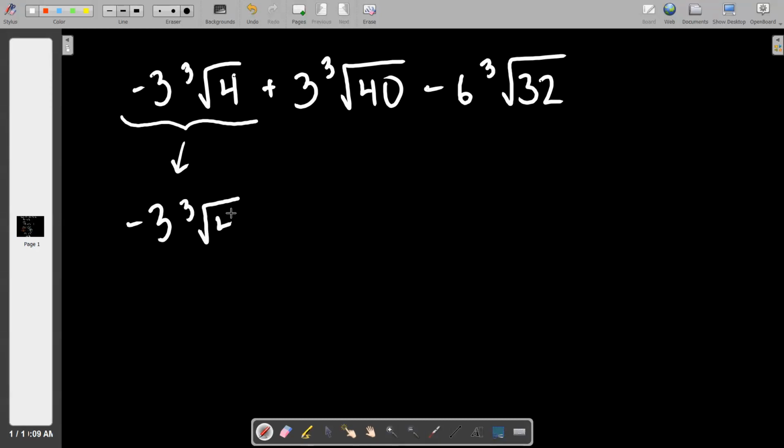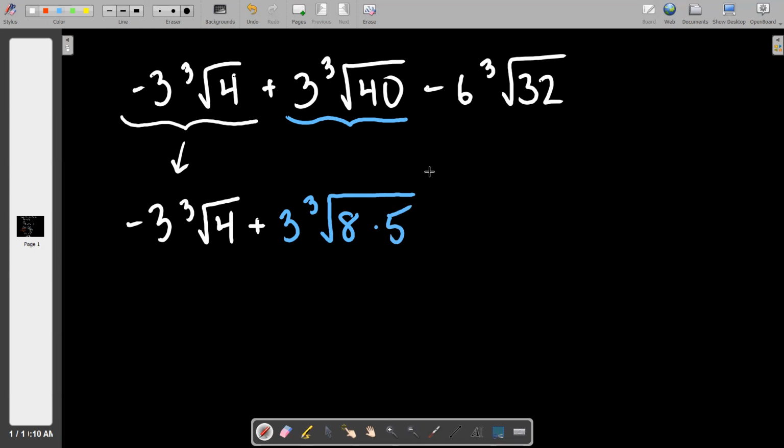So you kind of already know, you're pretty smart, that where we're headed is maybe, just maybe, one of these other roots, as we work with it, will spit out another root of 4, or maybe they both will. We'll be able to play with the one that's in the beginning. So what do you think about this second one here? 8 times 5, right? Good job switching gears there. So we're going to have plus, and this one is now written as 3 times the cube root of 8 times 5.